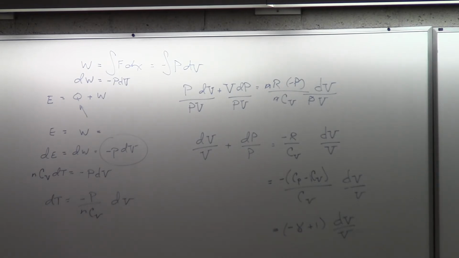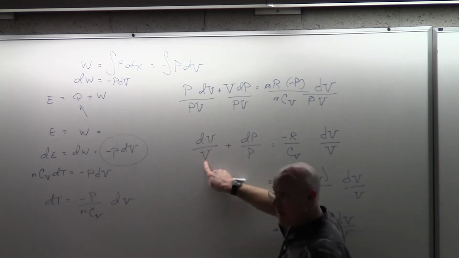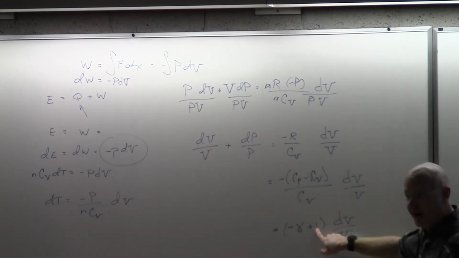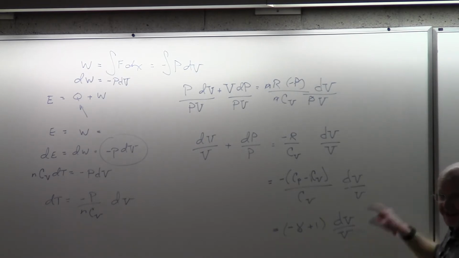Okay. And now, if you look closely at this, there is a dV on this side of the equation and a 1 over V on this side of the equation. Now it just got easy, right?